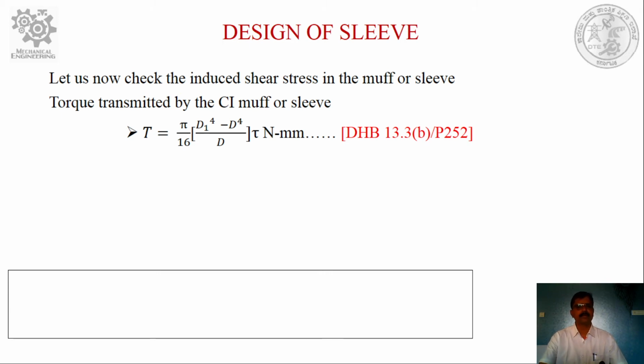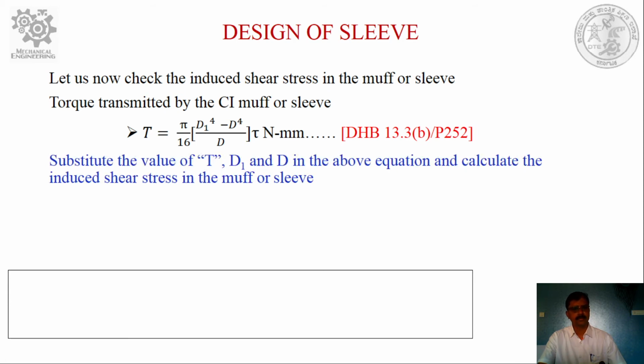Here we are going to extract the induced shear stress. Substitute the values of T, the torque transmitted, D1 the outer diameter, and D the inner diameter of the hub in the above equation, and calculate the induced shear stress in the muff or the sleeve.